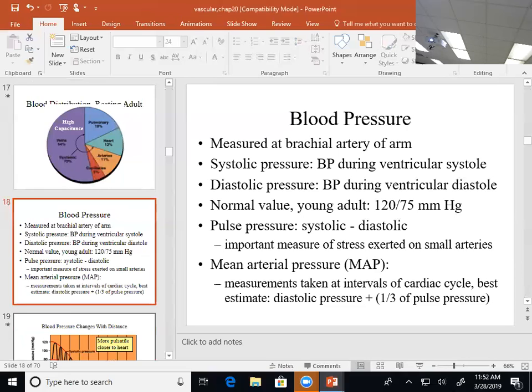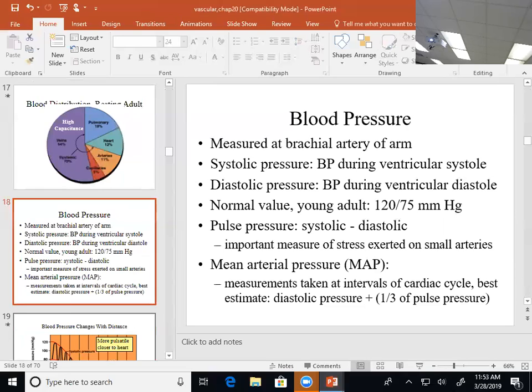And this is in millimeters of mercury. Any time you get a unit, make sure you know what the unit is. It's millimeters of mercury, right? So 120 millimeters of mercury, which is pressure, or less than 80 millimeters of mercury for the diastolic.